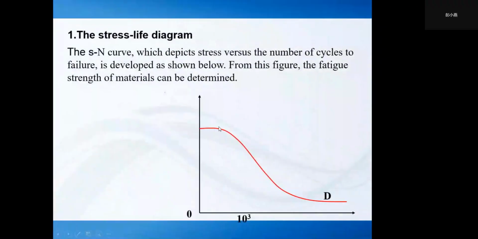This is a stress life diagram or SN curve for ductile material. Point A indicates the ultimate tensile stress of material, which is obtained under static load.